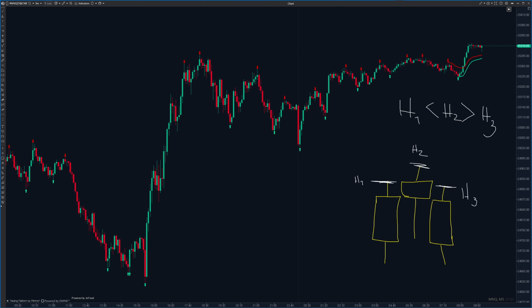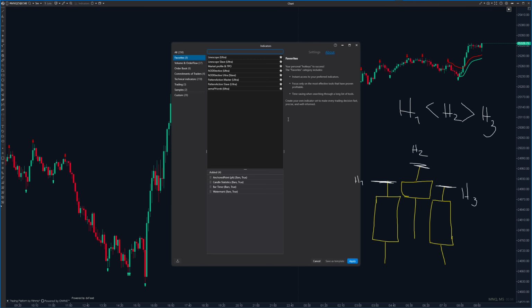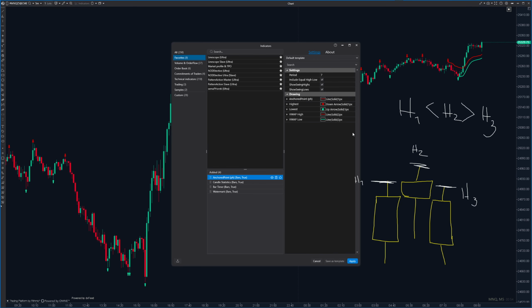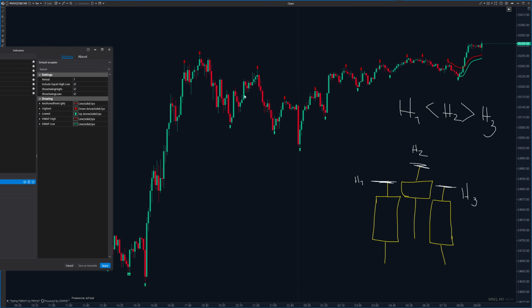And unlike that approach, which uses solely price action logic, AnchoredPoint uses the simplest approach, the period. And the period, in the settings, says how many candles we are observing.